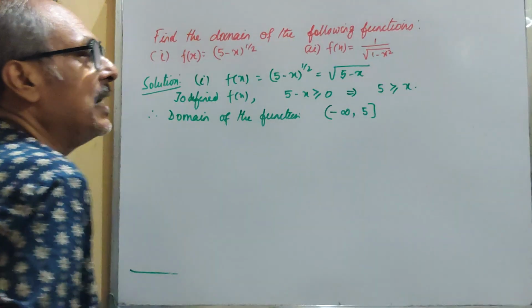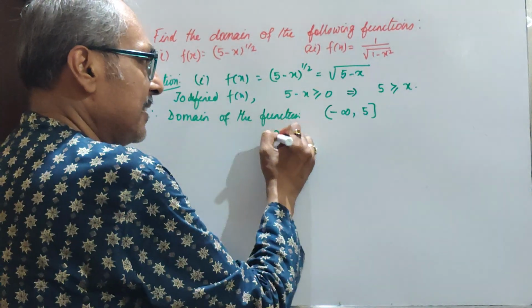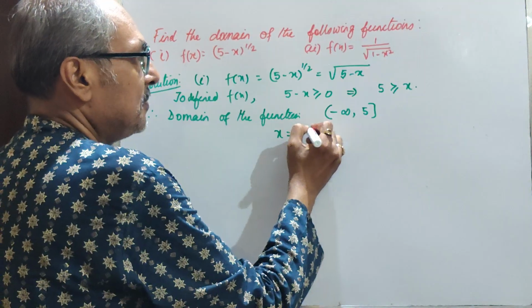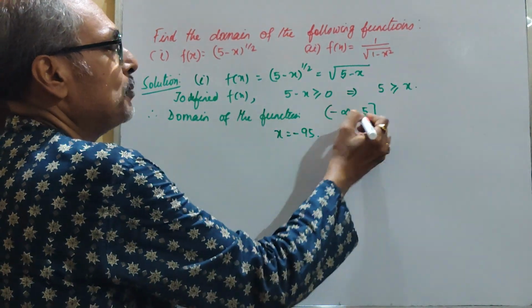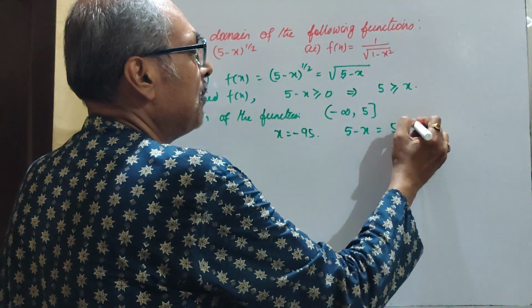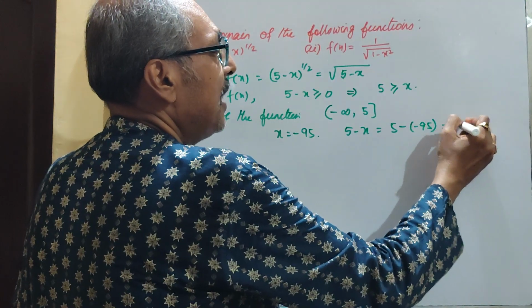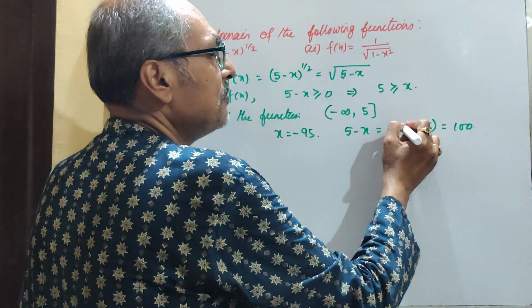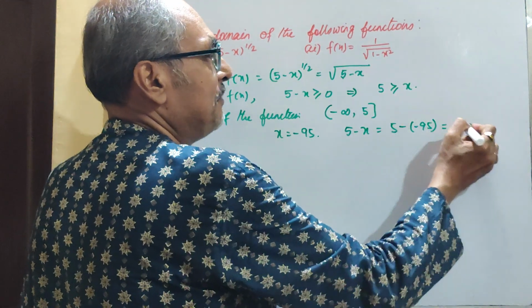Suppose x is minus 95, which lies in this interval. Then 5 minus x is 5 minus of minus 95, and this becomes 100, because minus into minus becomes plus, and 5 plus 95 is 100.